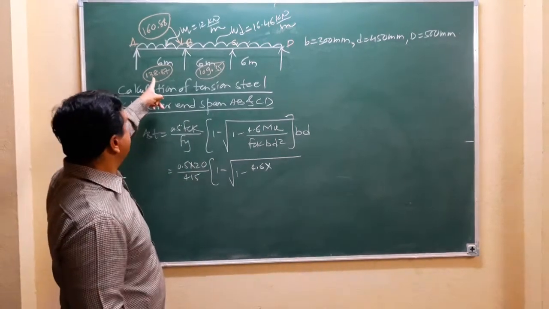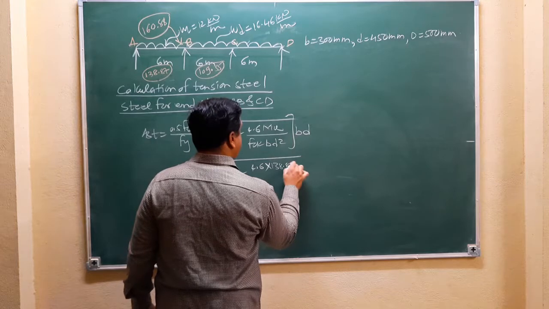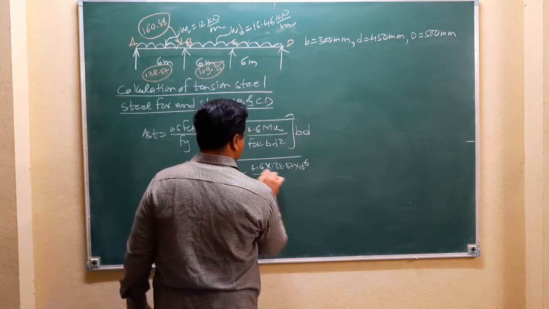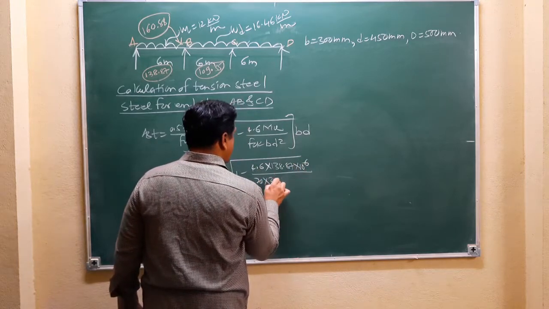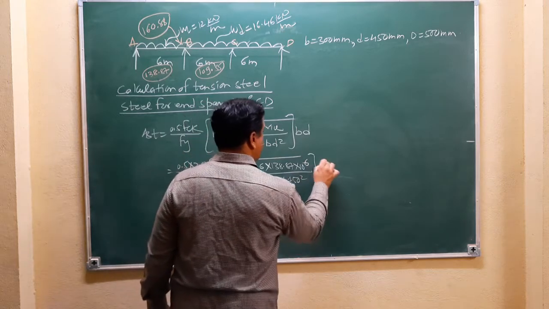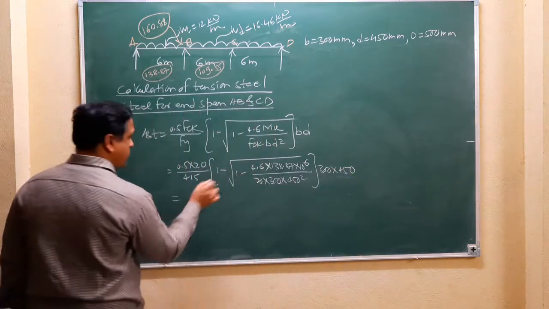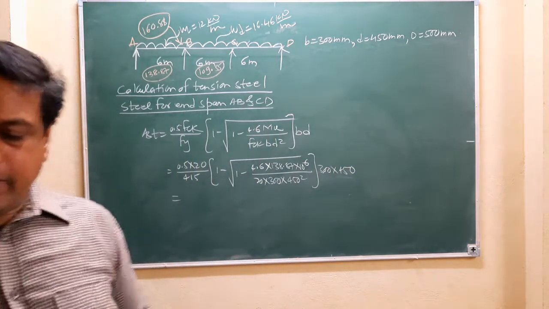The bending moment at end span is 138.87, so 138.87 into 10 raised to 6 divided by fck is 20, the section is 300, effective depth is 450. Okay, 300 into 450. So do the calculation and find out the steel.